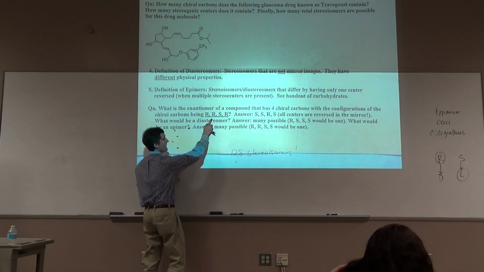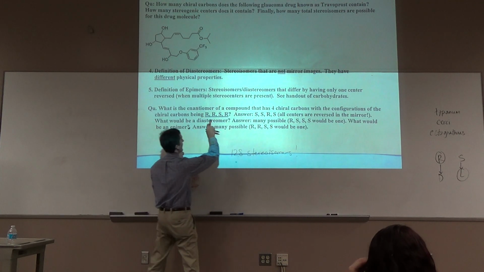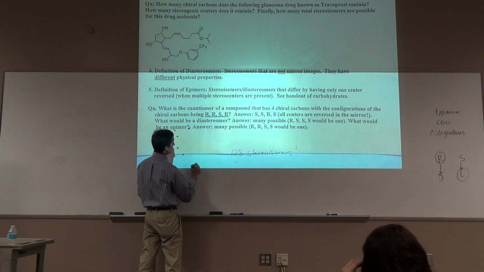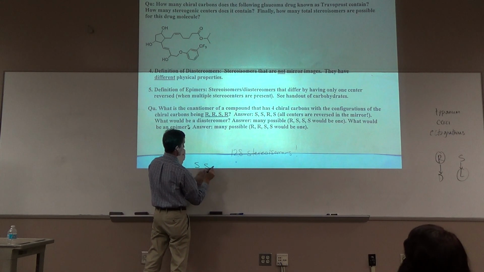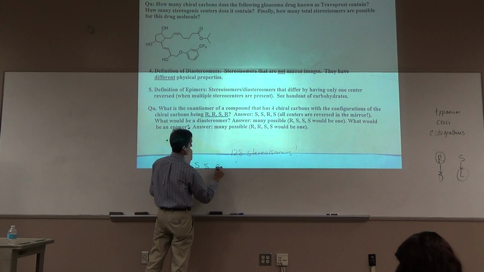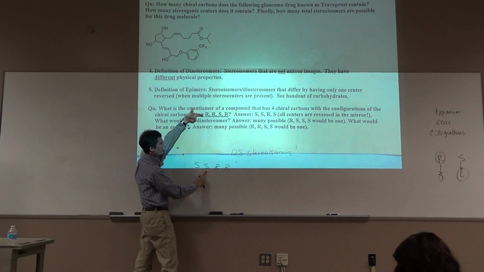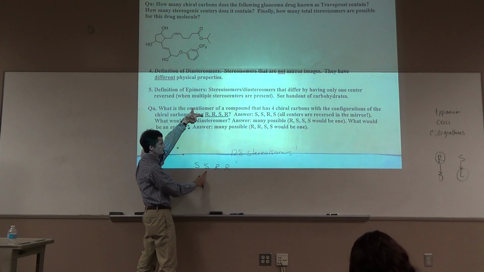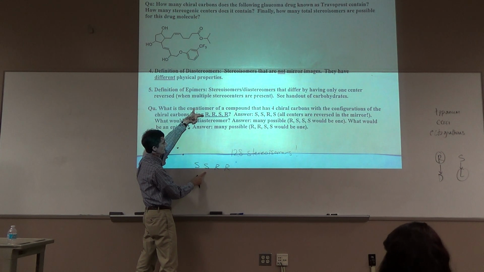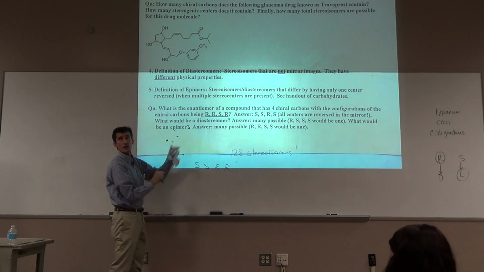If you had the same compound and it was SSRR, what would be the relationship between these two? It'd be diastereomers. That's not the mirror image. And more than one thing is switched, so you wouldn't call it epimers.